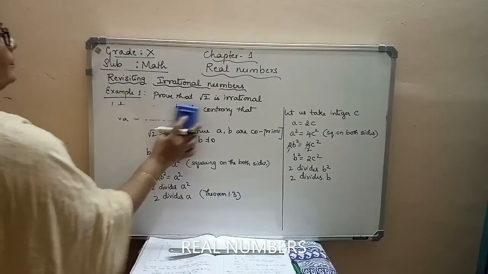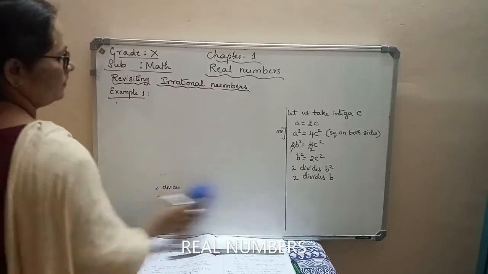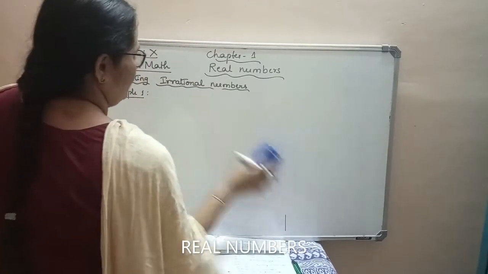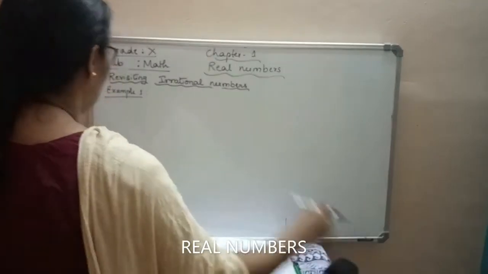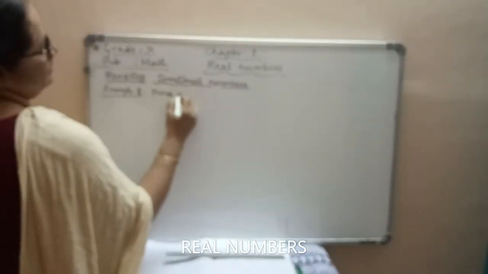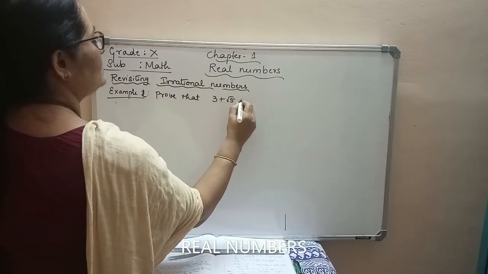Example 2. Prove that 3 plus root 5 is irrational.